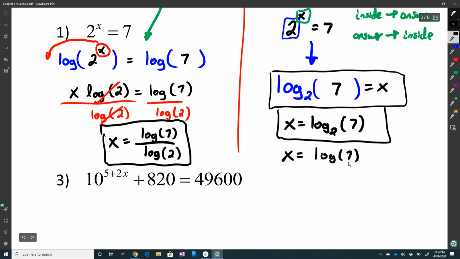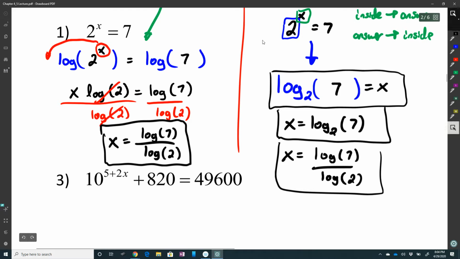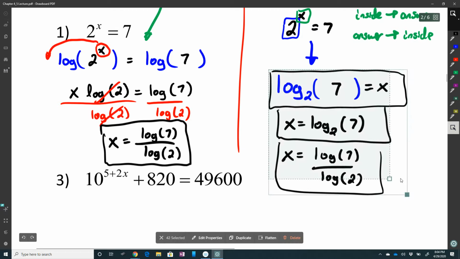The old base is 2, so I divide by log of the old base. So whichever way you decide to do it will work. Over time, the homework's going to start preferring to log both sides. But I will not count it wrong if you convert, because a lot of these can just be converted and solved.